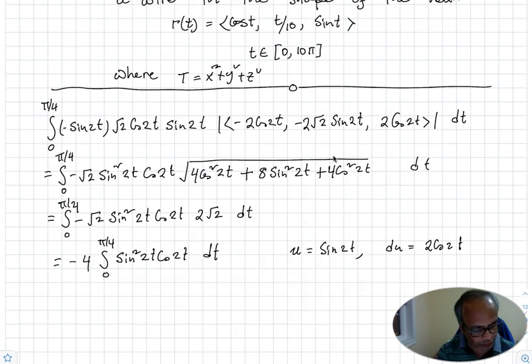So 2 cos 2t dt, I can write cos 2t dt as half du, and I will just forget the limit. We'll solve it as an independent integral. So sin squared, which is u squared, cos 2t dt is half du.